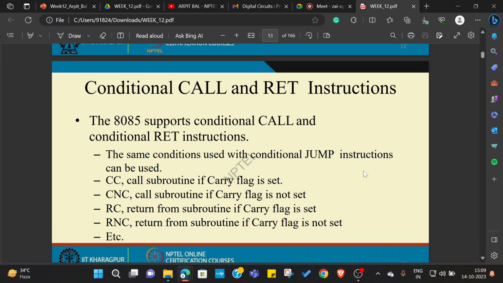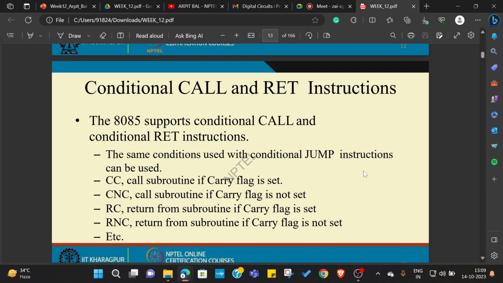So let me write it down. 8085 supports a few conditional call and conditional return instructions. The same conditions that are used for the jump instruction can be used. So we have something called CC. It is call subroutine if carry flag is set.